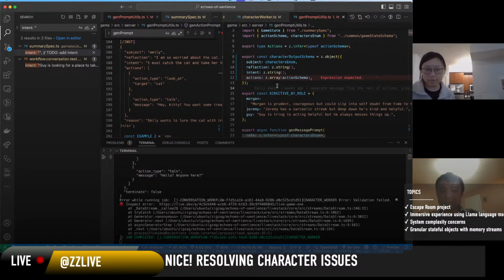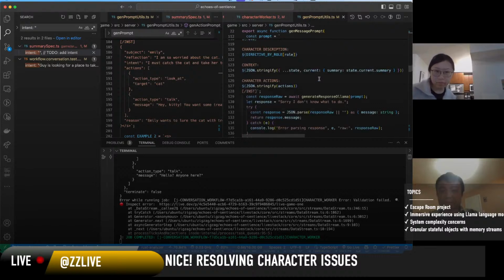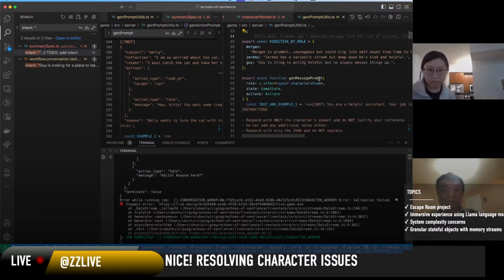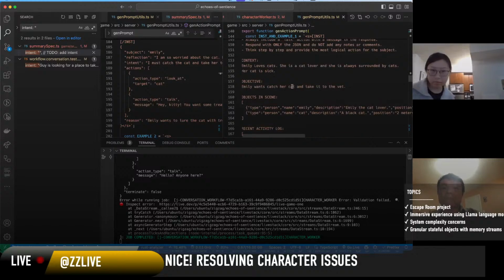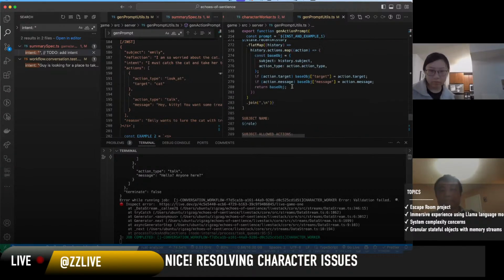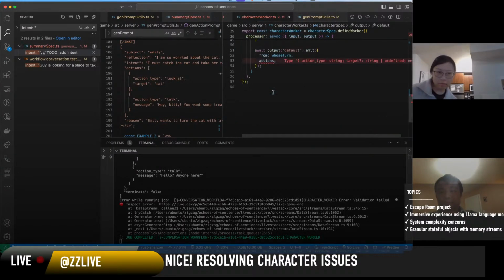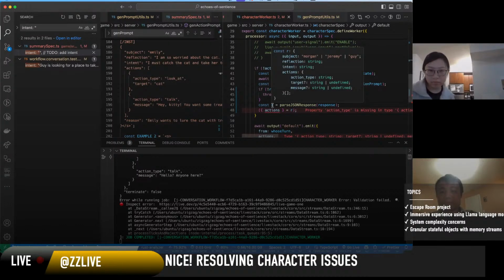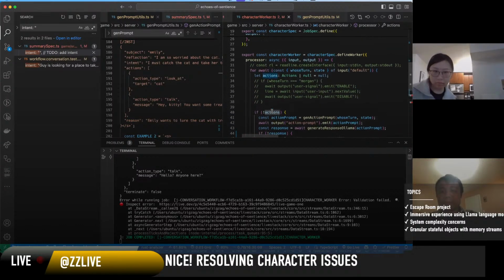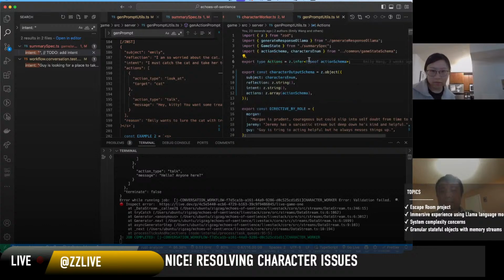Yeah. Okay. Action schema character. Okay. And then back to the character worker. Right now this action, yeah, this is not correct.